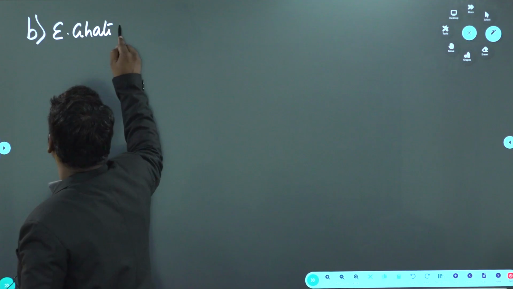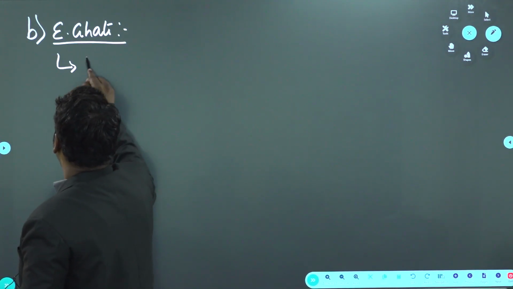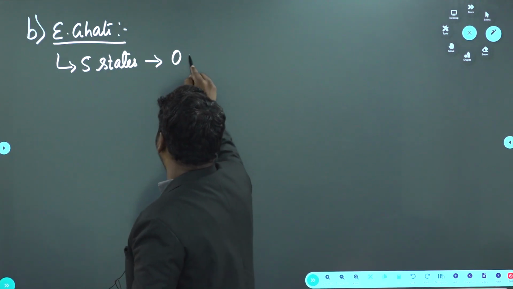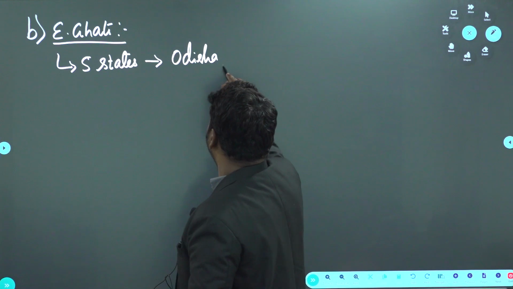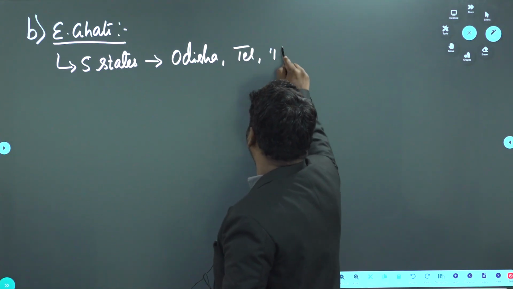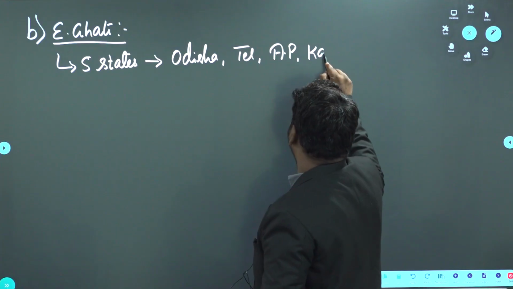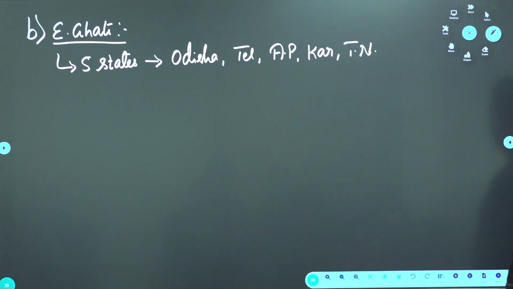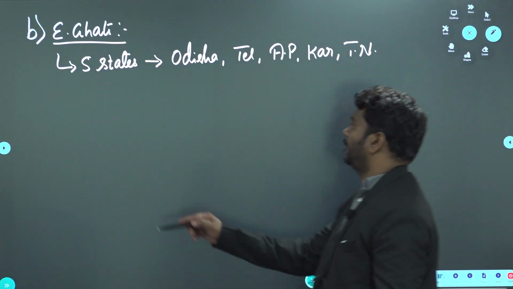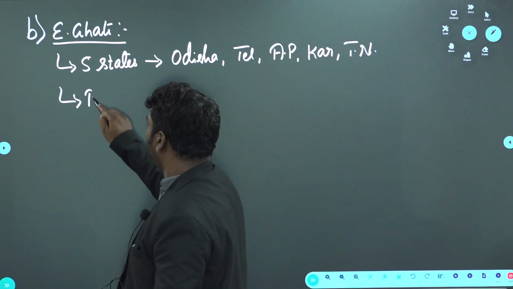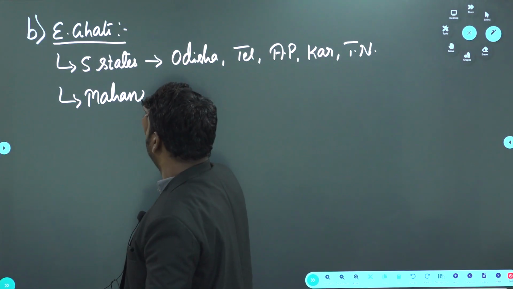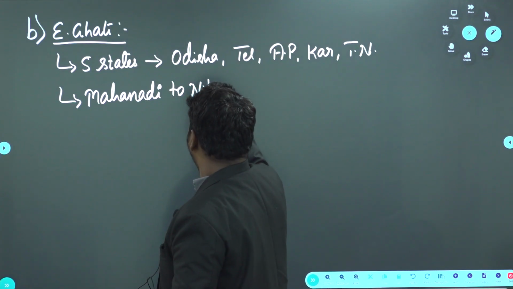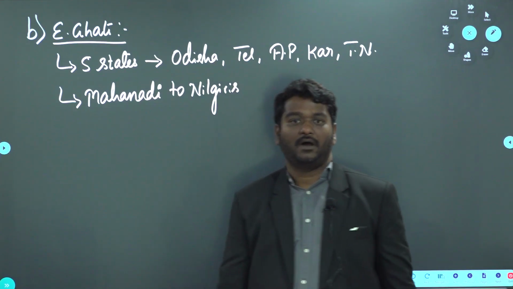Eastern Ghats. How many states, guys? 5 states. Very important. 5 states, extend from Mahanadi to Nilgiris.